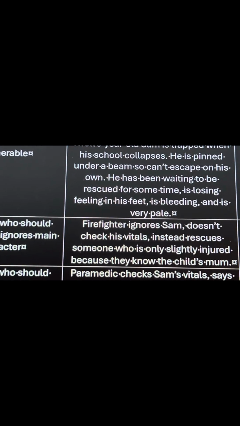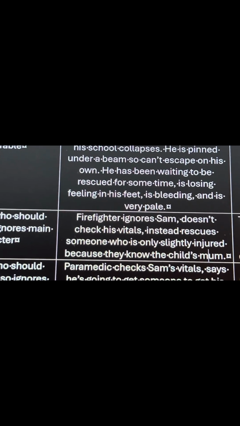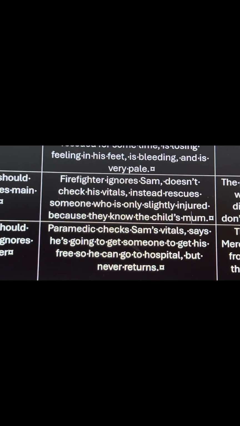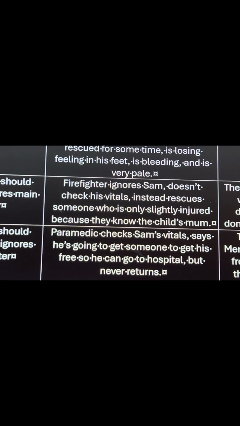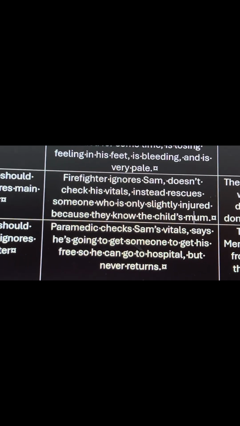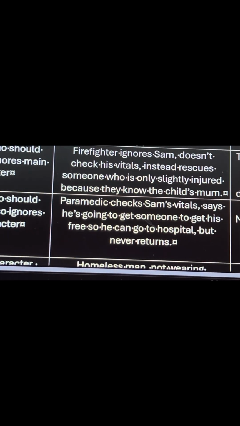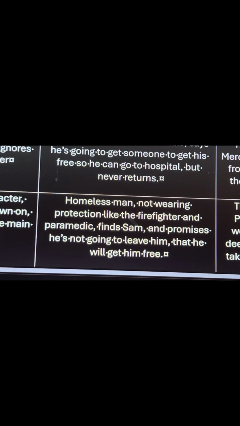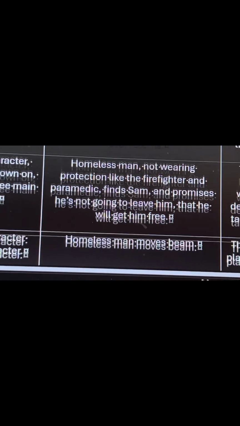Firefighter ignores Sam, doesn't check his vitals, instead rescues someone who is only slightly injured because they know the child's mum. Paramedic checks Sam's vitals, says he's going to get someone to get him free so he can go to hospital, but never returns. Homeless man, not wearing protection like the firefighter and paramedic, finds Sam and promises he's not going to leave him, that he will get him free.